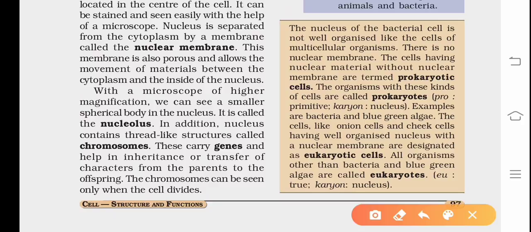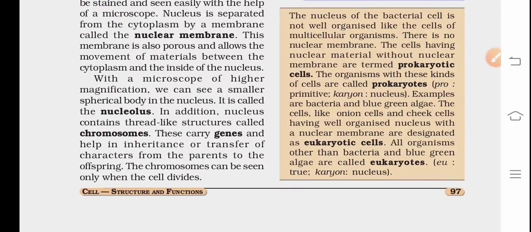Other structures like the nucleolus, which is a spherical structure present in the center of the nucleus, are also there, and chromosomes, which are the hereditary site of the cell because they contain genes which transfer the genetic material from parents to the offspring and help in transmission of characters like height, eye color, etc.